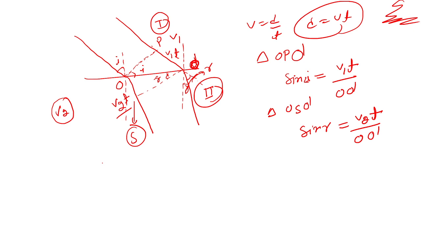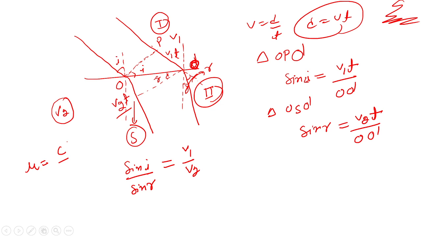So we take the ratio of these two terms, sine I over sine R, and that will be equal to v1 over v2. Now, what is the refractive index? It is the ratio of the speed of light in vacuum, c, to the speed of light in the medium, v, whether rare or denser.